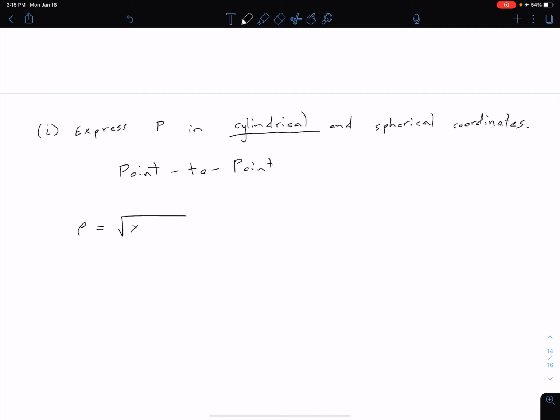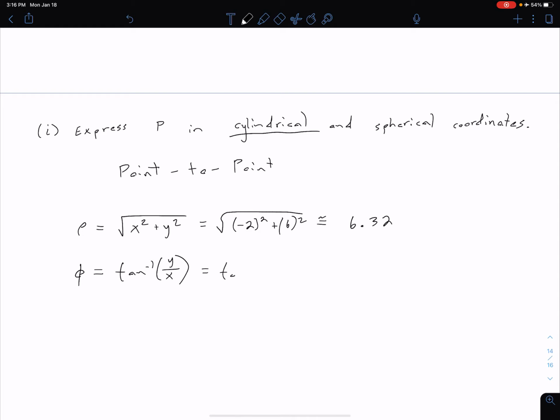We know rho is equal to the square root of x squared plus y squared. Substituting in our values, x is -2 and y is 6. Plugging in and evaluating, we get roughly 6.32. Next, for our phi, we had that phi is equal to the inverse tangent of y divided by x.